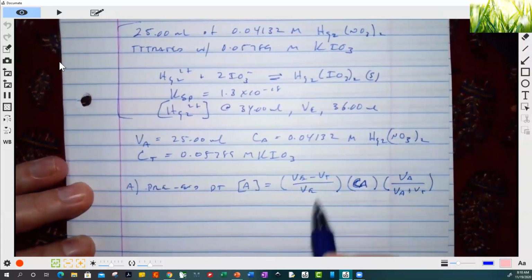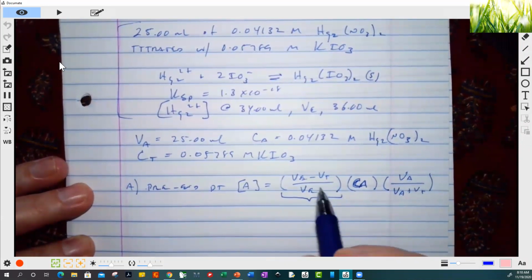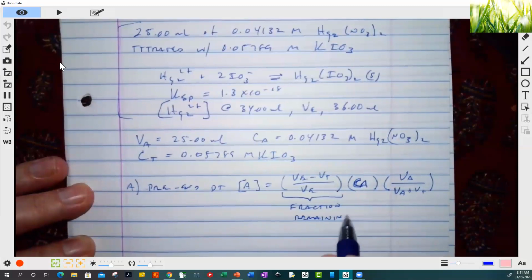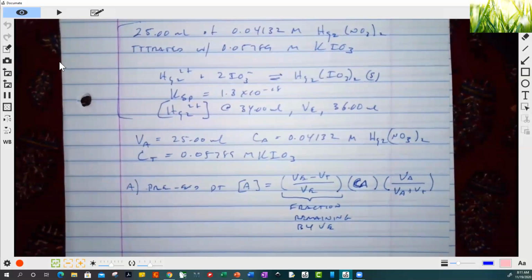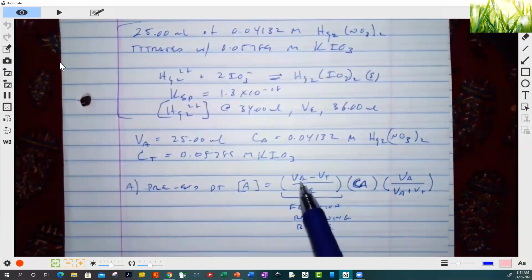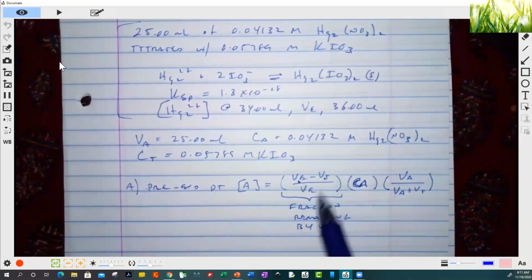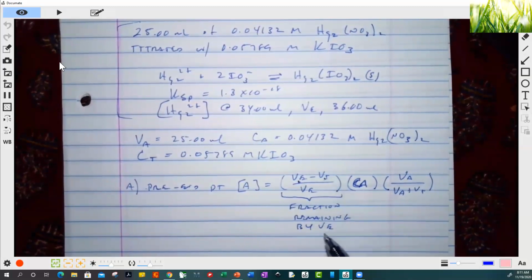Okay, so let's break this down. VE minus VT over VE is the fraction of titrant remaining before VE. Let's say VE is going to be 50 mLs, and we're at 49 mLs, then 50 minus 49 is 1 mL divided by 50, 1/50th, that's how much farther we have to go.